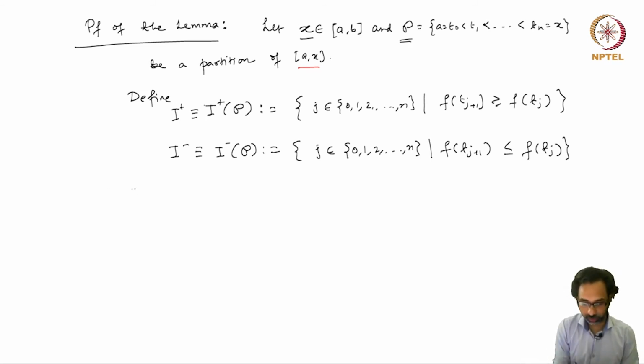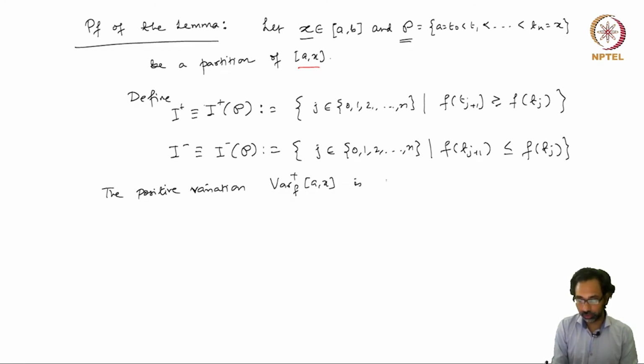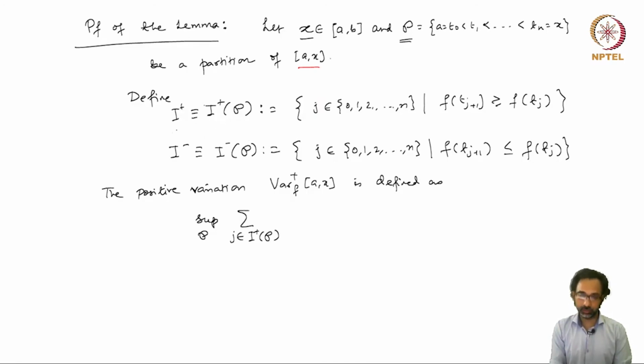Now we define the positive variation, which we denote by Var plus f [a,x]. This is defined as the supremum over all partitions of sums taken over the indices j in I plus.